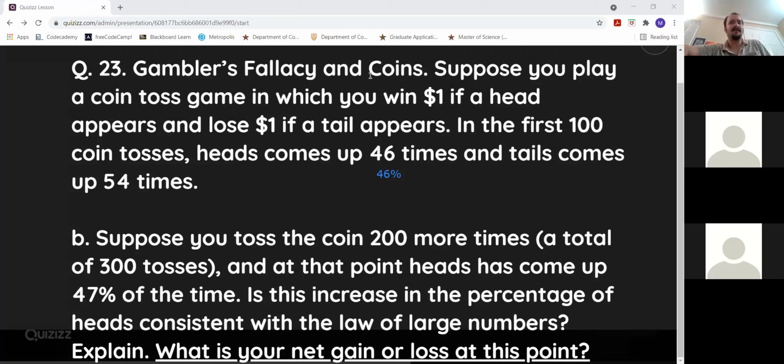So again, I would figure out how much you won and how much you lost. You won 47% of the 300 tosses. They don't tell us how much we lost, but if we won 47%, I'm pretty sure that means we lost 53%. Tails would be the other half of that.